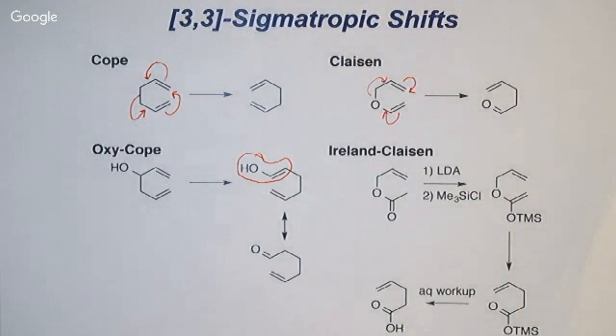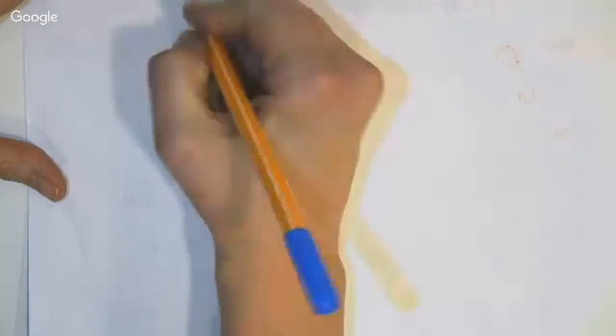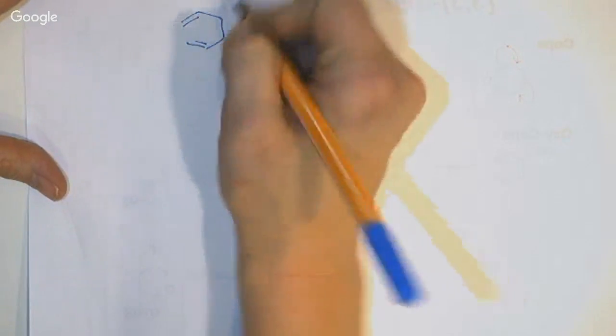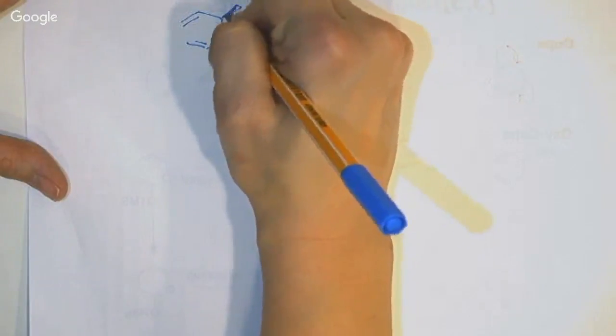In terms of how you draw this, or how you think about this, sigmatropic shifts are really quite nice because they undergo a chair transition state. All right, and the idea here would be, I'm just going to flip this one over, that if you had, let's do a Cope rearrangement here. Maybe I started with this enantiomer as my starting material.